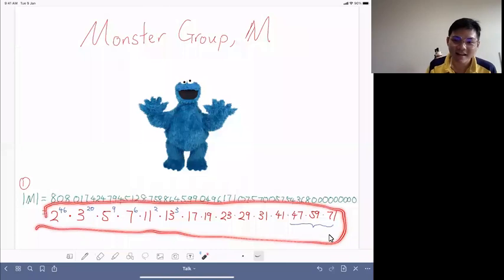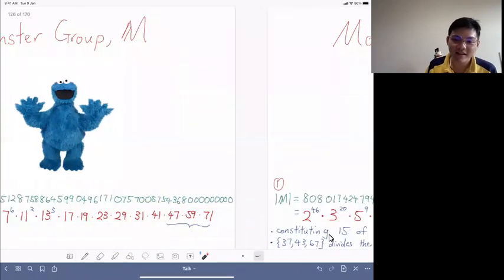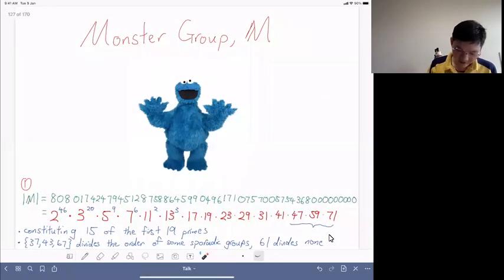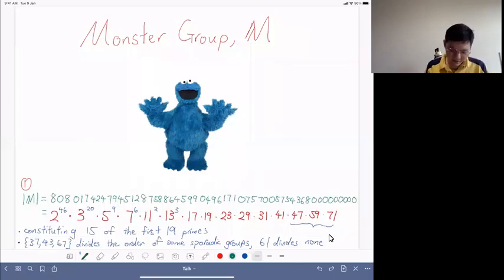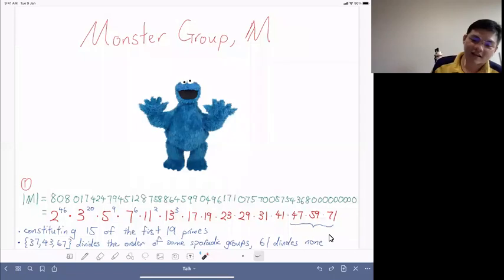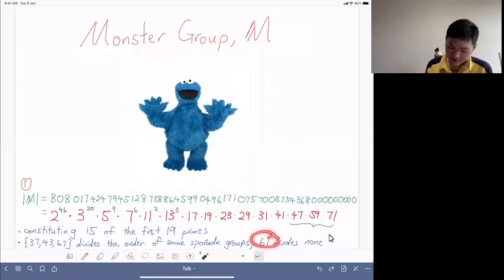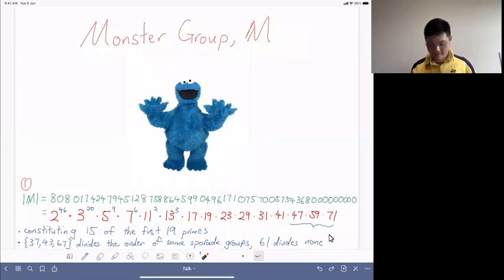It consists of 15 out of the first 19 primes. The first 4 primes that don't divide the monster group are 37, 43, and 67, but they divide other sporadic groups. And 61 is the one that divides none of the sporadic groups.